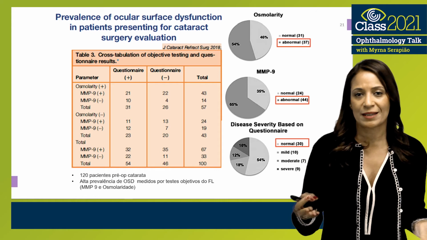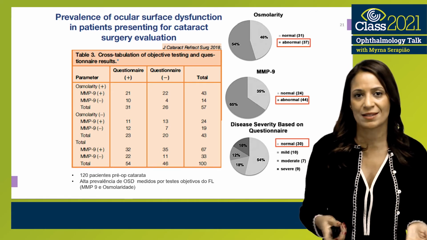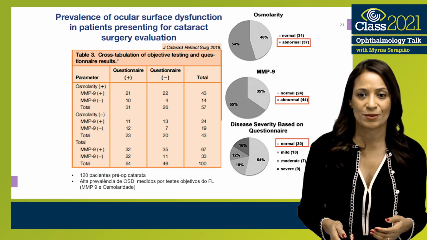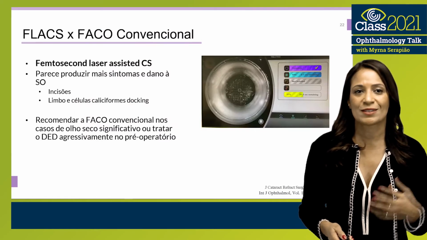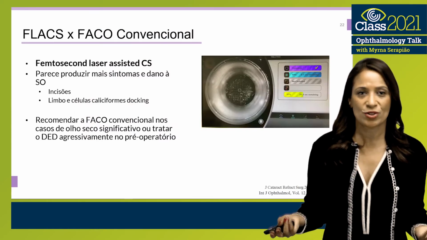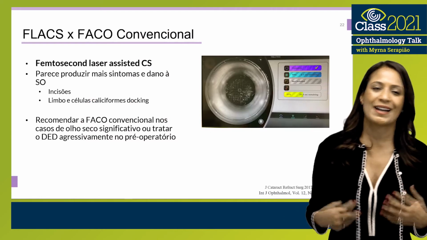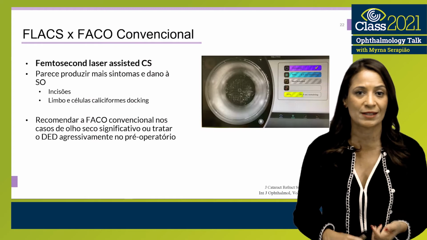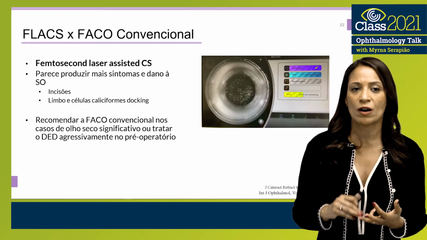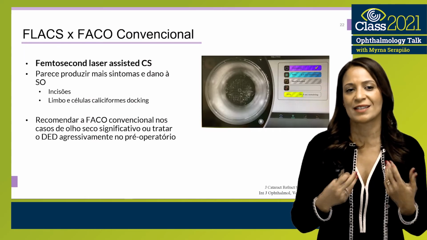Conventional or femtosecond laser-assisted cataract surgery seems to make a difference. And we know that the femtosecond laser, due to the design of the incision and docking in the limbus region, can injure goblet cells and also seems to induce dry eye more significantly when compared to conventional techniques.